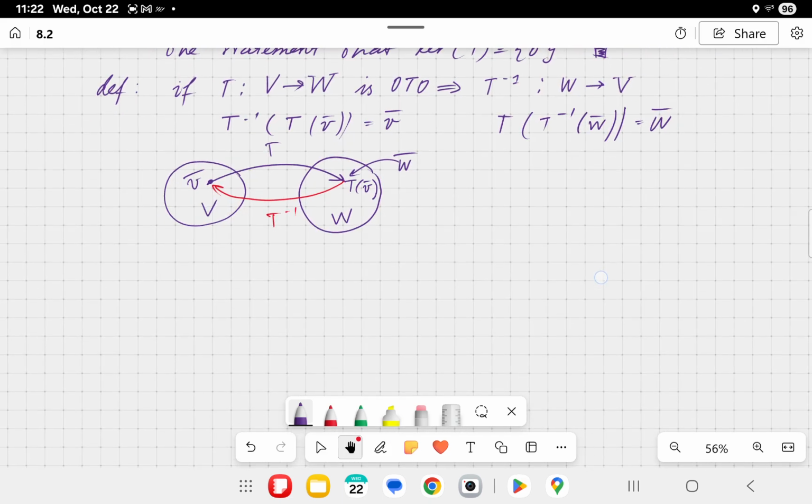Well, remember when we were talking about matrix transformations, we had transformations with an invertible matrix.